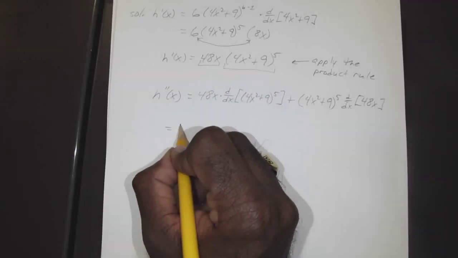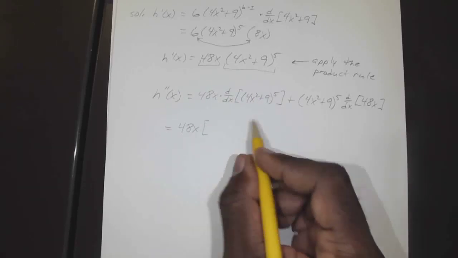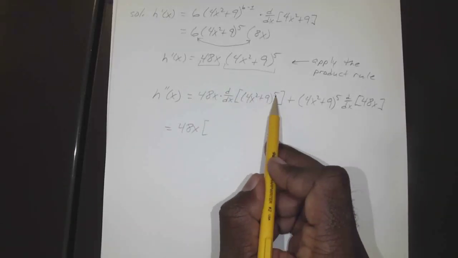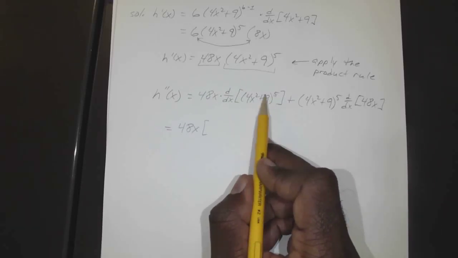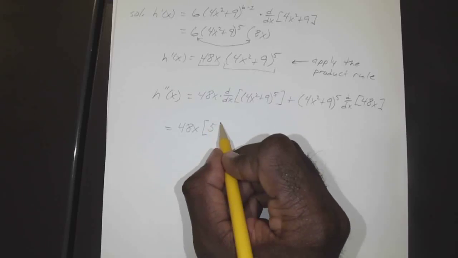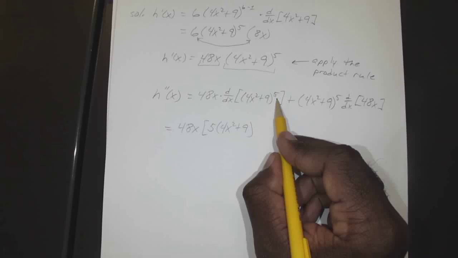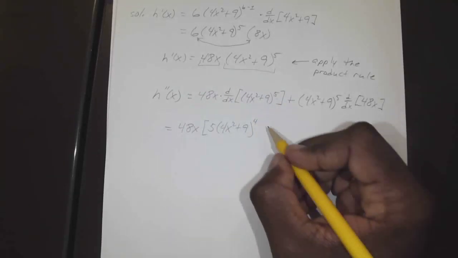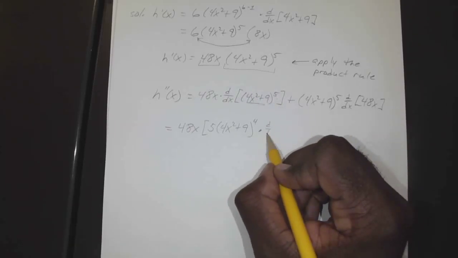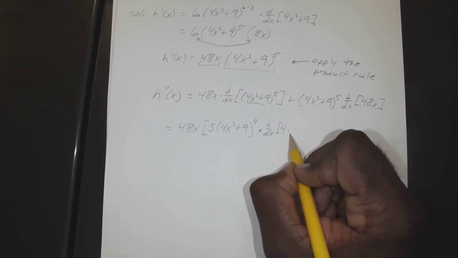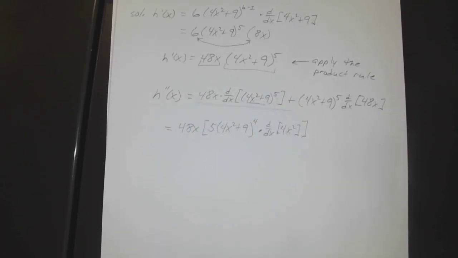So now that's going to equal 48x times the derivative of 4x squared plus 9 to the 5th. So using the chain rule, we're going to bring that 5 out to the front. 4x squared plus 9. We're going to subtract 1 here, times the derivative of what's inside. Okay, so that just took care of that one.